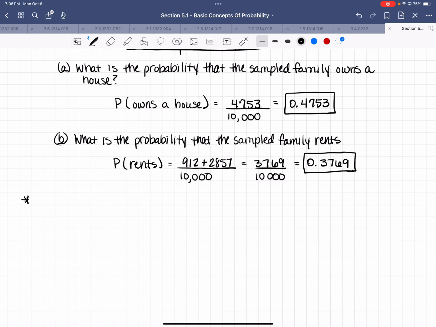We do have a definition, an unusual event. That is the word unusual, even though it does not look like I spelled unusual.